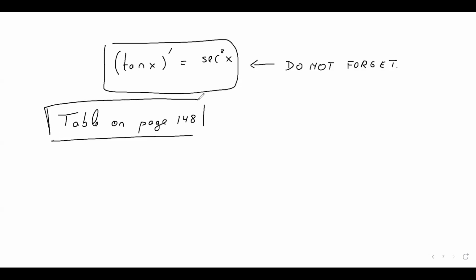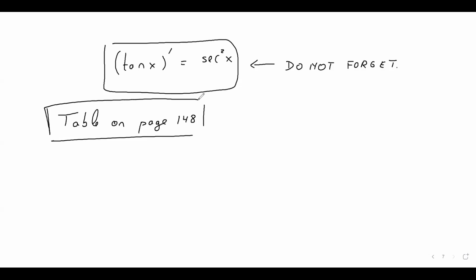You may want to mark your books if you bought your own textbook. That's a page you want to mark because you will come back to those formulas time and time again. So in that table, there is a left side and a right side. On the left side is the three formulas we did today: the derivative of sine, the derivative of cosine, and the derivative of tangent. And everybody needs to remember what's there.